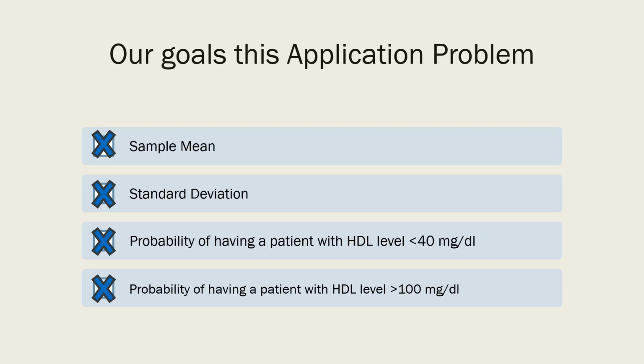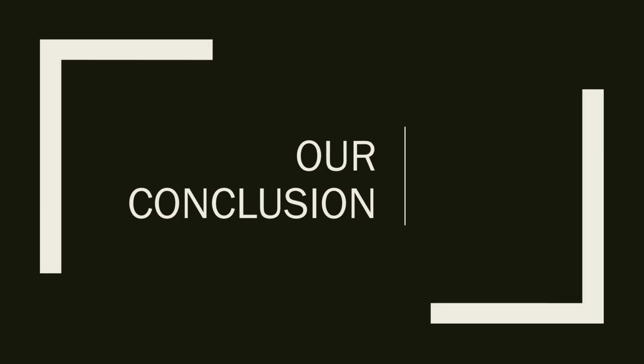Now already we were able to tackle all 4 goals for this application problem: finding the sample mean, the standard deviation, the probability of having a patient with an HDL level less than 40 milligrams per deciliter, and finally the probability of having a patient with an HDL level more than 100 milligrams per deciliter. Now what is our conclusion?